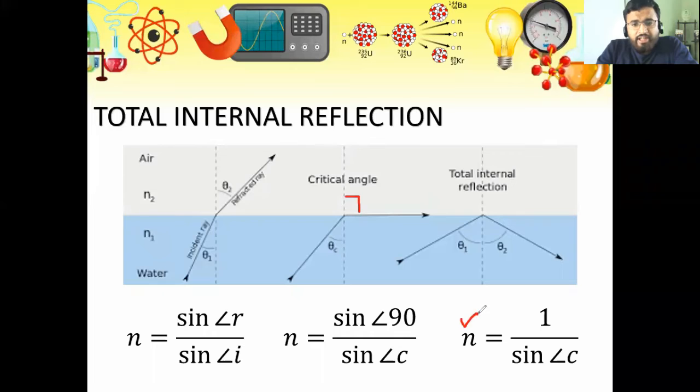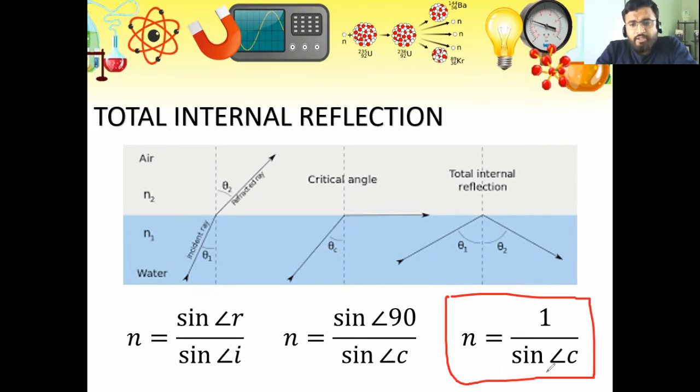That is, refractive index is equal to 1 over sine of the critical angle, meaning the angle of incidence is replaced with the critical angle, and sine 90 is equal to 1. So this formula can also be used if the refractive index has to be determined from the value of the critical angle. And this formula can be used when the angle of incidence is above the critical angle.